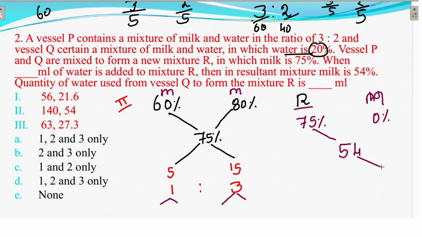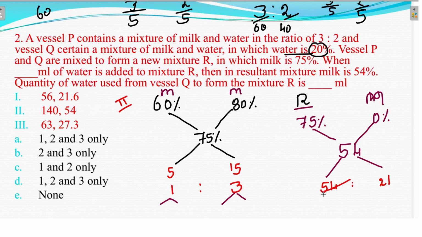Again, if I do alligation, I will get the ratio in which they are added. The difference of 54 and 0 will be 54, and the difference of 75 and 54 is 21.